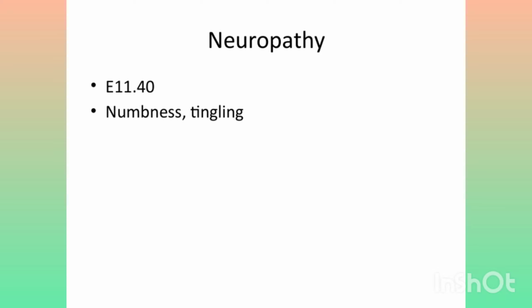Let's take a closer look at E11319, which refers to a specific diagnosis code. This code is associated with blurred vision, a common symptom that many patients experience. Blurred vision can be caused by a variety of underlying issues, but in this context, it's linked to retinopathy.